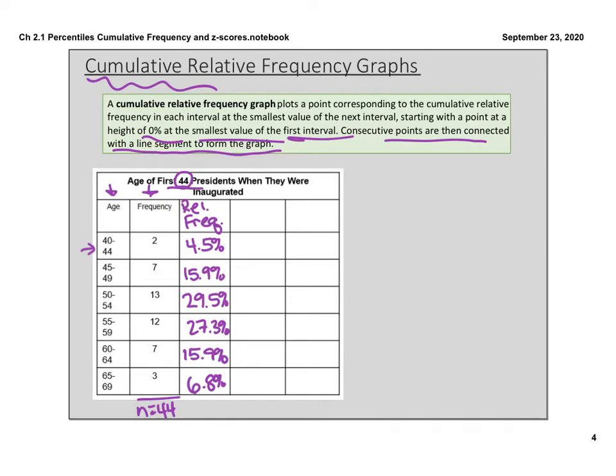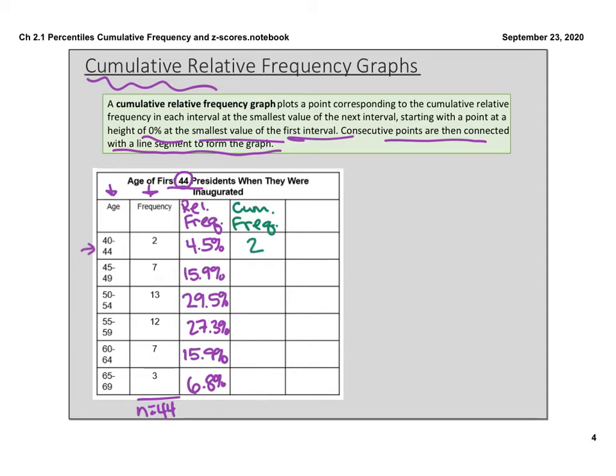The next column over, I'm going to do cumulative frequency. If you think about the word cumulative, it suggests some sort of combination. We're adding up our frequencies as we move down each row. In the first row, I'm really just looking at 2 because I've only got one row combined.